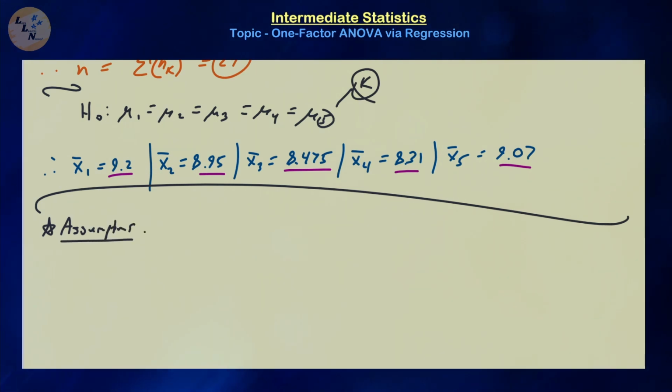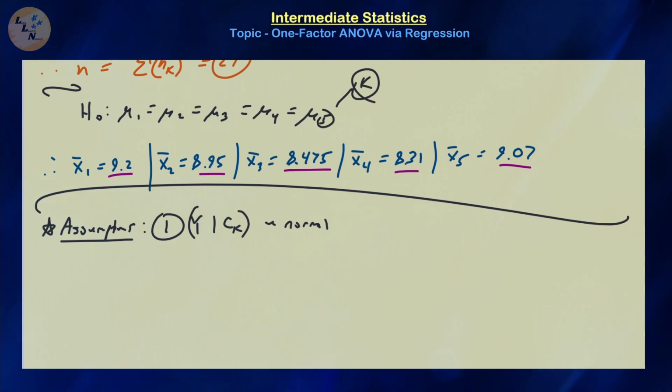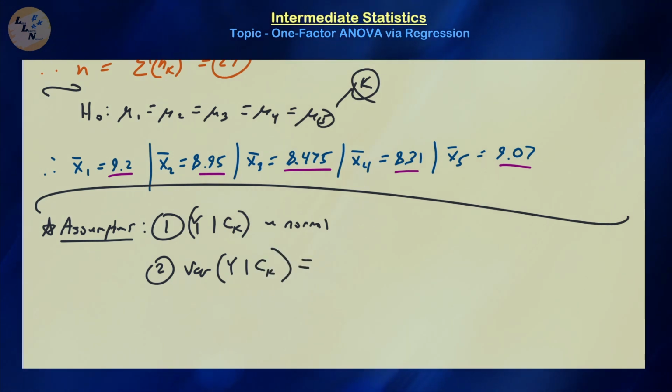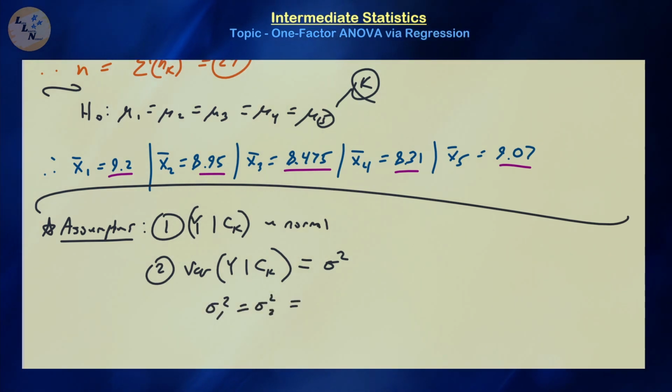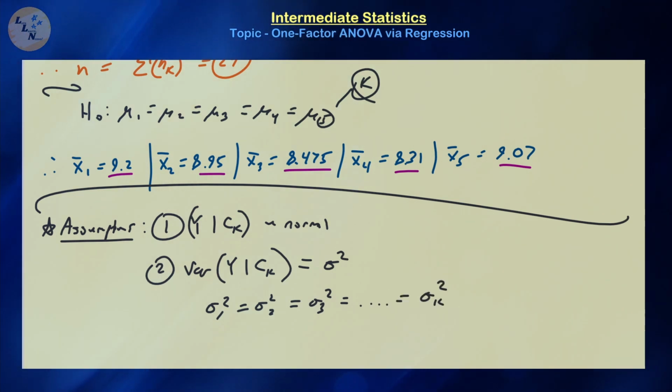So assumptions: the distribution of sleep across each of those particular categories must be associated to a normal distribution, and the variance associated to each of these categories should be equal to some variance, say sigma squared, i.e. sigma 1 squared equals sigma 2 squared equals sigma 3 squared equals all the way down to the last category, sigma k squared. All right, that is the homoscedasticity term, which must be satisfied.